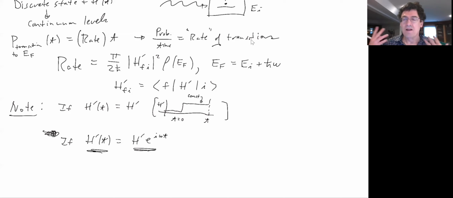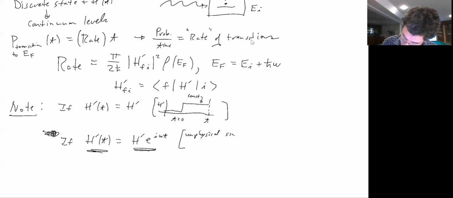Sometimes we like to do a Fourier transform of our perturbation, and so then we like to say, well, how does each Fourier component of the perturbation influence our quantum system? And it's a useful concept mathematically, but it's sort of unphysical because that gives us a complex Hamiltonian. H prime is complex, but we do it anyways.